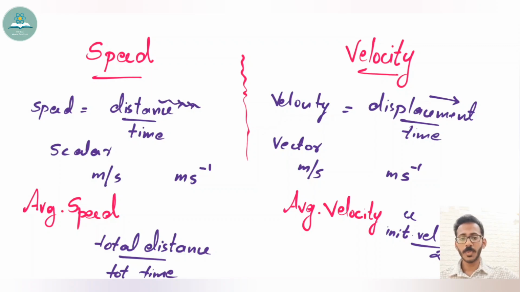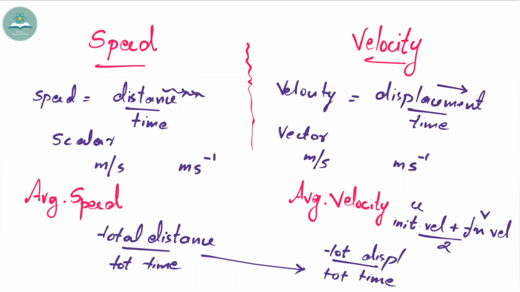That's it. Suppose this is not given, again follow the same equation: total displacement by total time. Instead of distance, it becomes displacement. So as you can see here, average velocity is equal to initial velocity plus final velocity divided by 2 if both the velocities are given to you, or else take total displacement by total time.